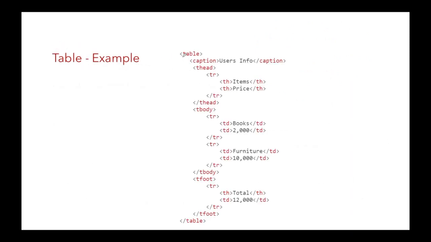But before that, this is a typical structure of a table. Starting with your table tag, you have then caption, then inside THEAD you have TR and TH. So this will form one row, and this comprises your THEAD, and then inside TBODY you have these two rows, in which you have two columns, and then finally you have TFOOT, inside which you have one row and two columns.